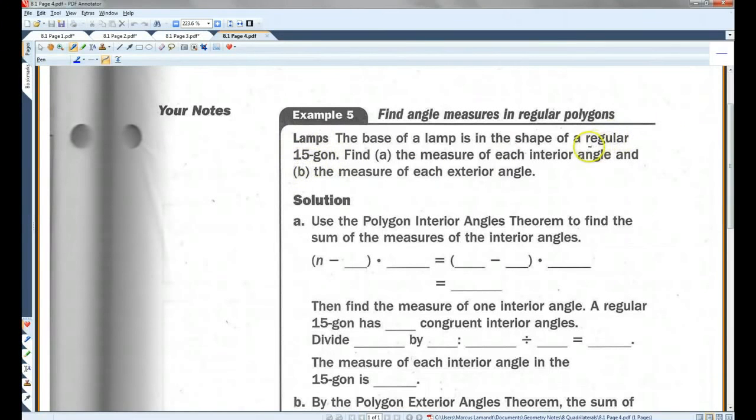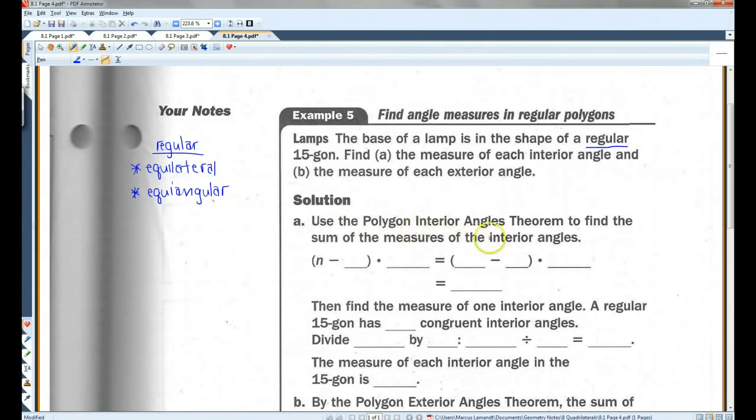Secondly, a regular polygon, hopefully you guys remember, is equilateral and equiangular. It's very important because you're going to see that word regular a lot in these problems. That means all the sides are equal and all the angles are equal. So all 15 angles are congruent.